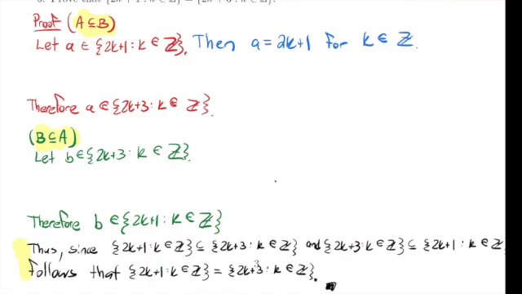Well, it means that this number a is equal to 2 times some integer plus 1. And then what might be a good thing to do if we want to get down to this point? Any thoughts?